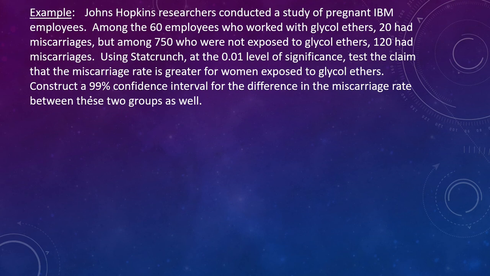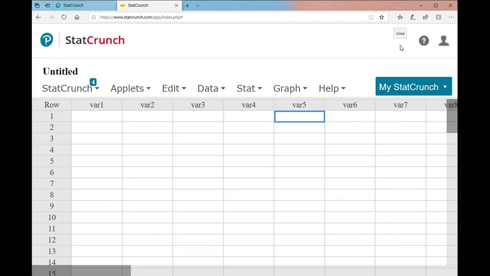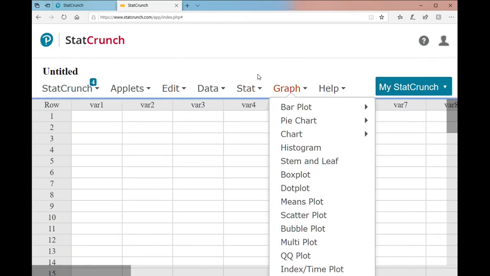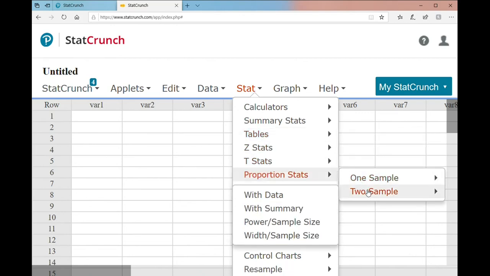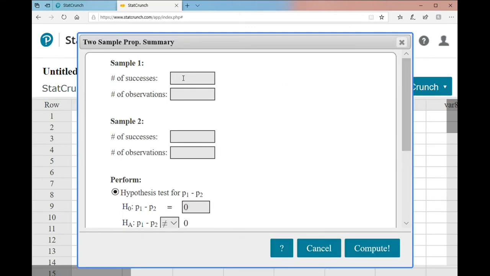Now we will try a 99% confidence interval for the miscarriage rate. And for that, we'll go to StatCrunch. We'll go to Stats, Proportion Stats, to Sample with Summary. And we'll enter the number of successes. There were 20 out of 60 for the first group, and for the second group we have 120 out of 750.